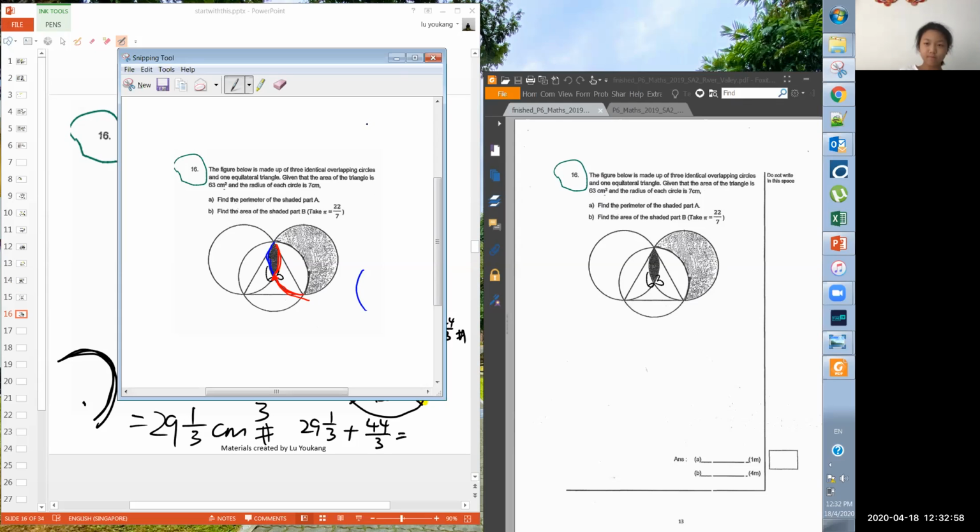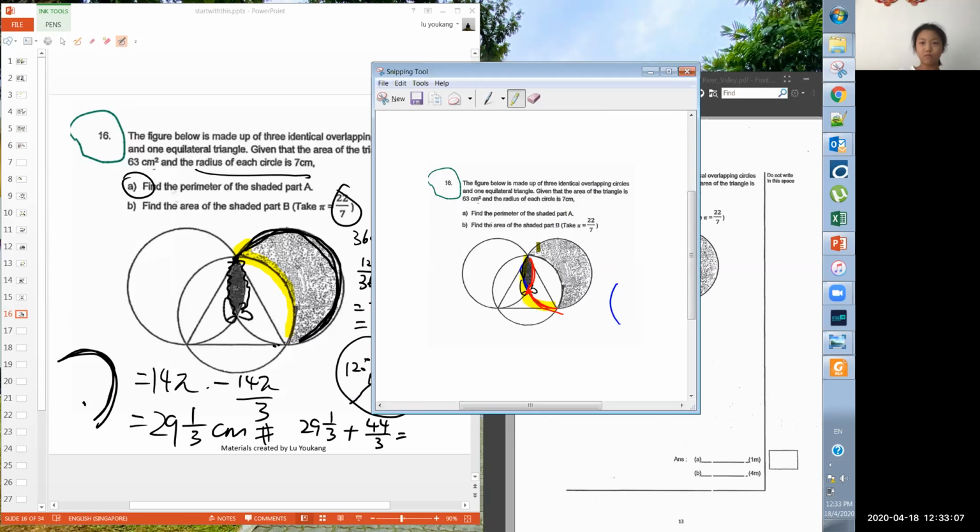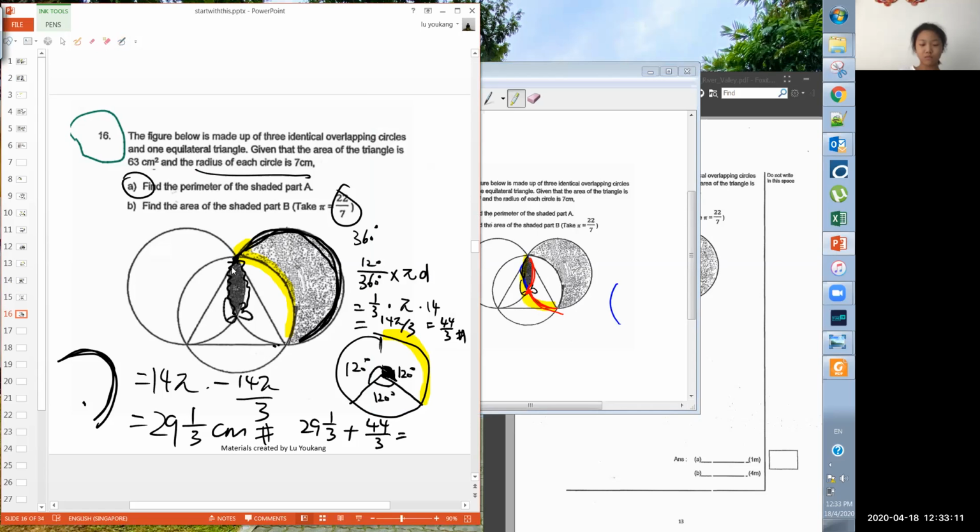But you already found the yellow line, right? Yes. So once you found the yellow line, what you do is the black one here, add with the black one here. These two add up to give you the yellow line, right?